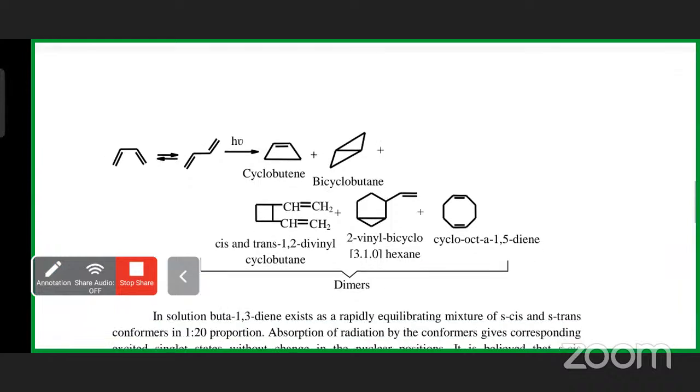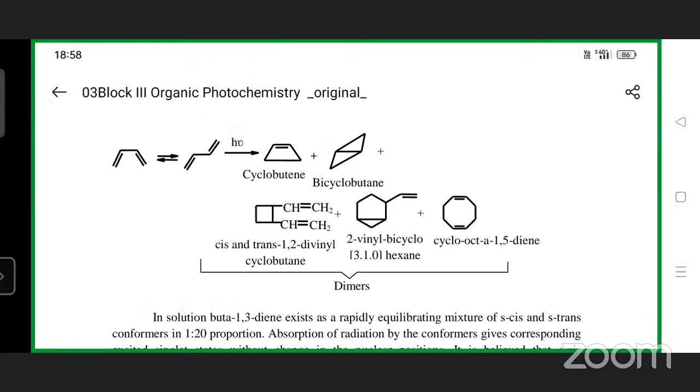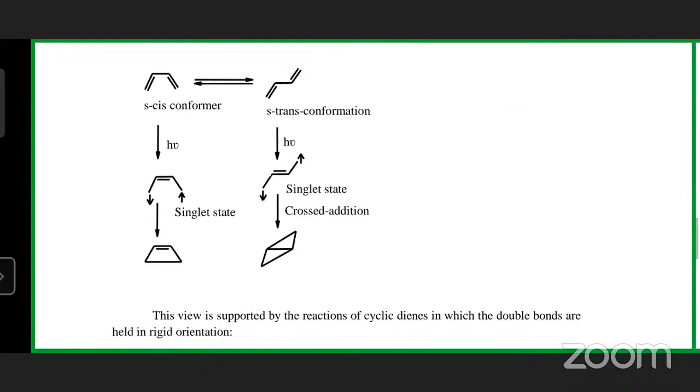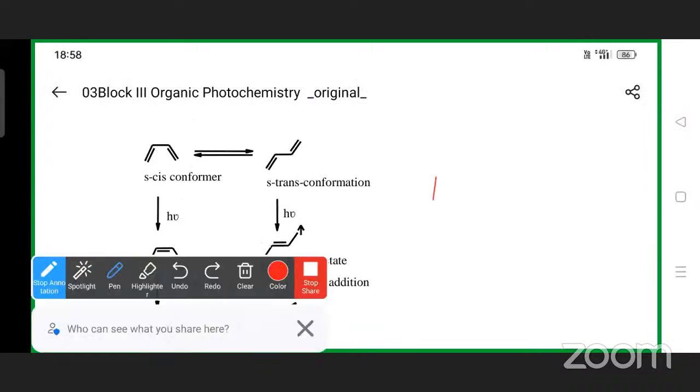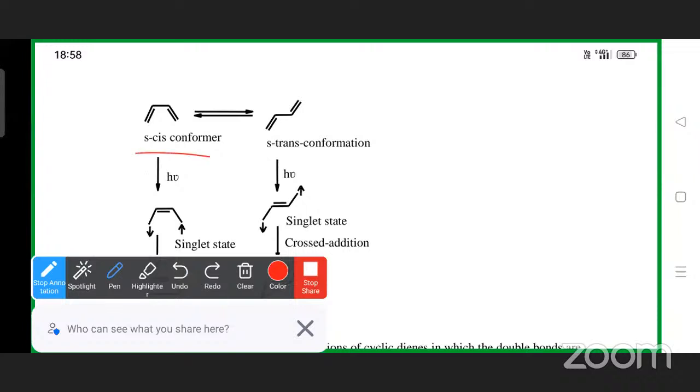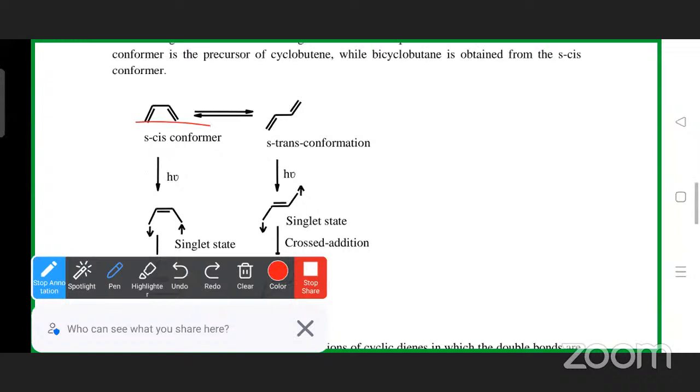Okay, you can see here the transition state.